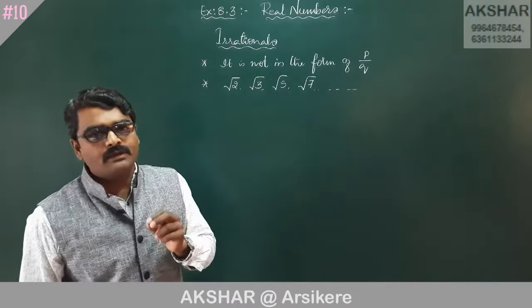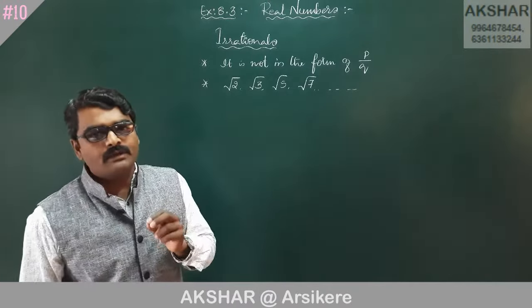It is in the form of P by Q or A by B. It means root 2 is equal to P by Q or A by B. You can take A by B also, no problem. Root 2 is P by Q.